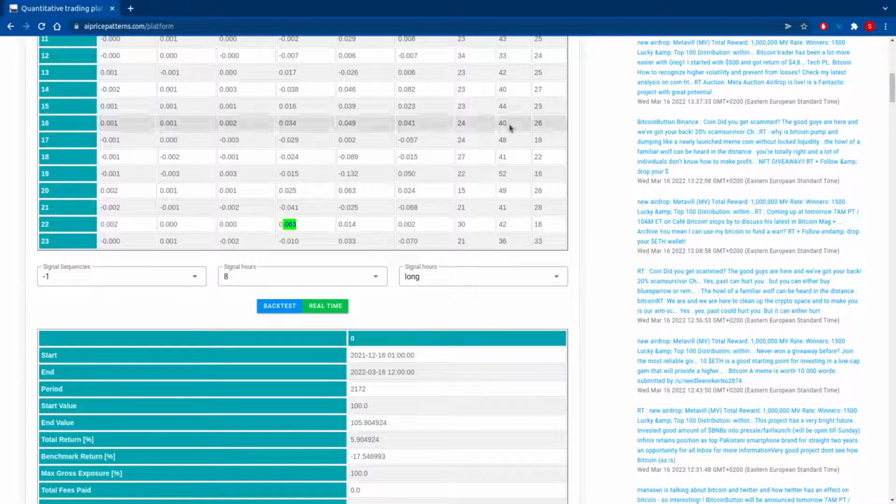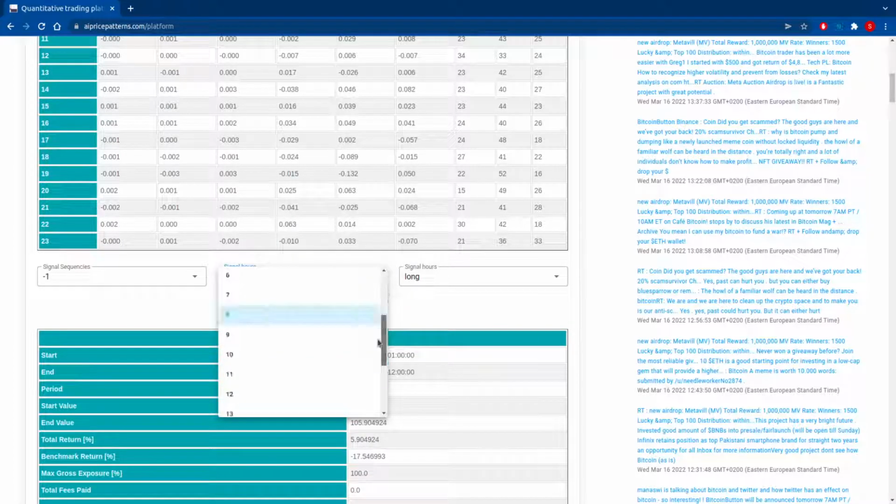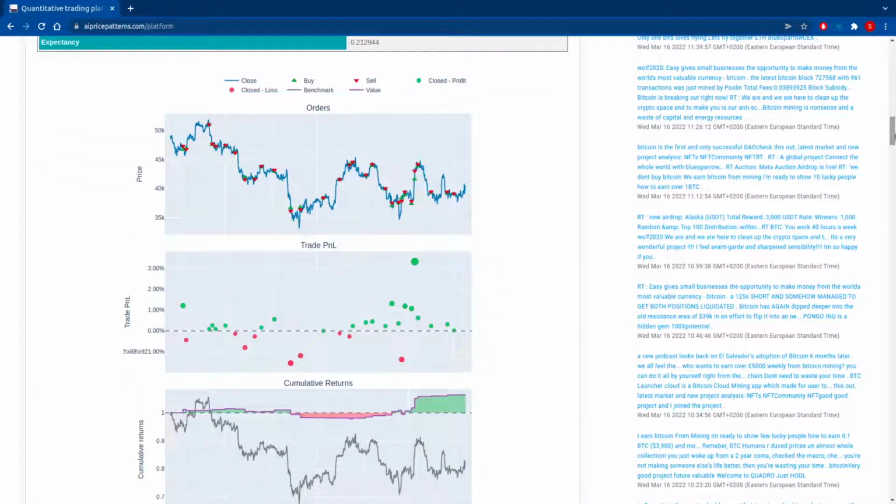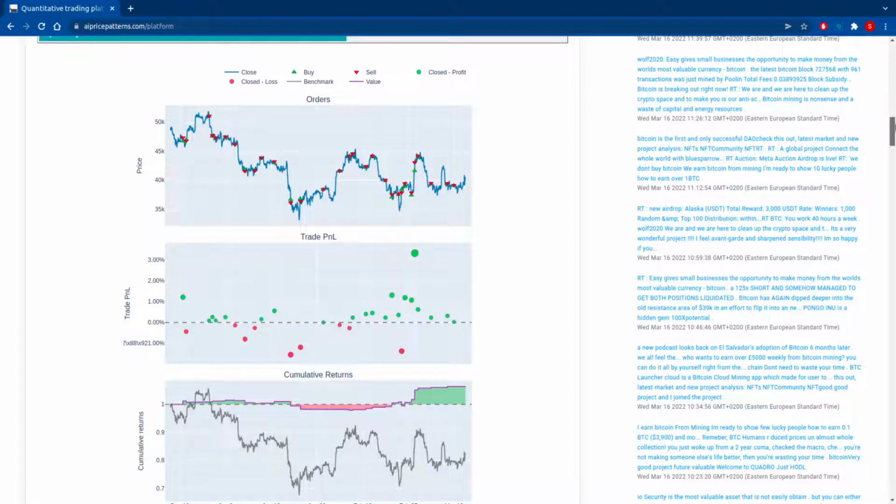Okay, let's look at 22. It means I would like to also trade this position at this time, and I would hold the position for only 1 hour. Okay, I did the backtest. In general we have positive cumulative returns, but we have some drawdown, and you should know about this one.